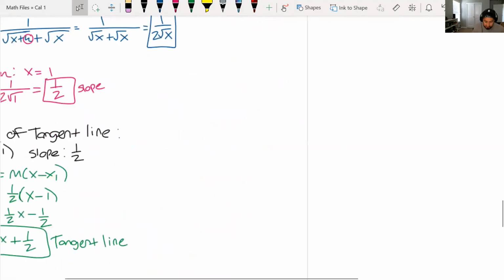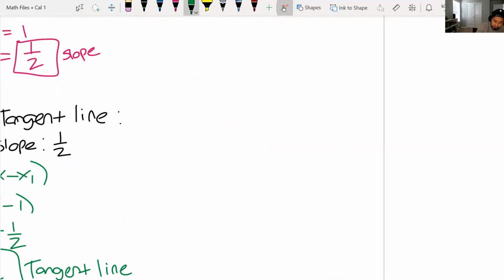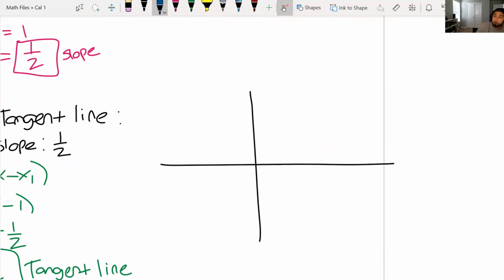For a graphical representation, like I said, I'll just sketch it again really fast. The square root of x looks like this, right? And our tangent line happens at (1, 1). So here is 1, there's 1. Right about here, we know the slope is 1/2.